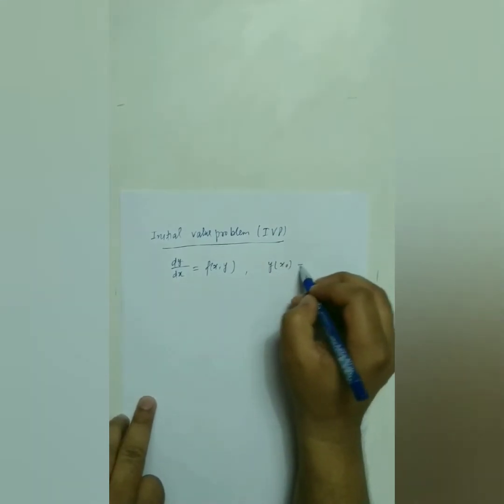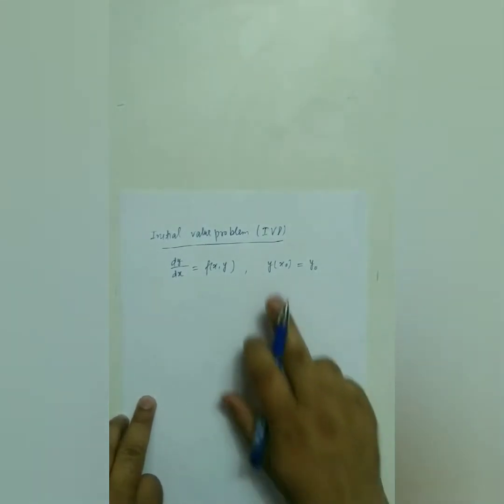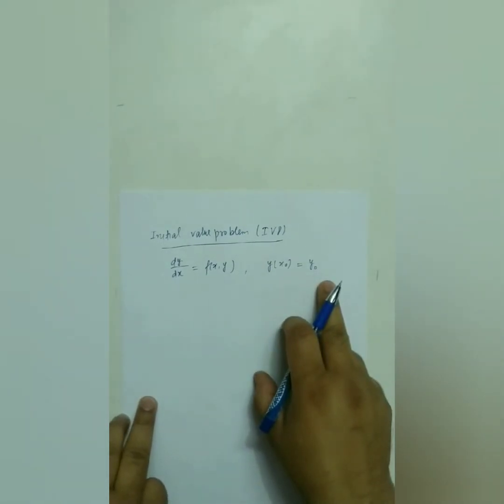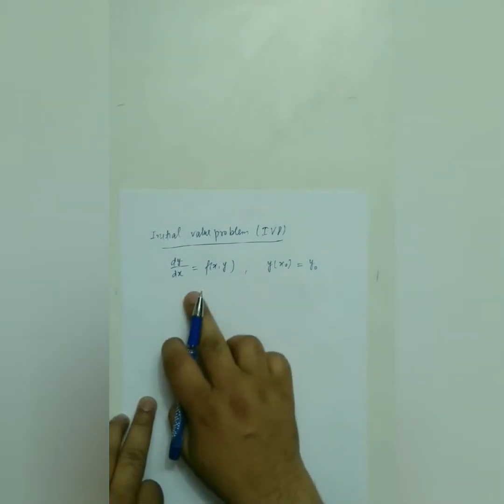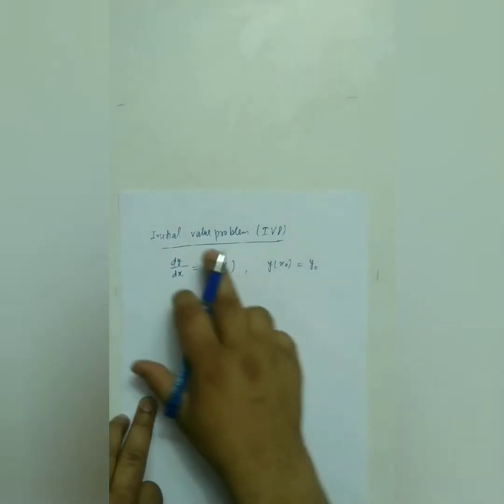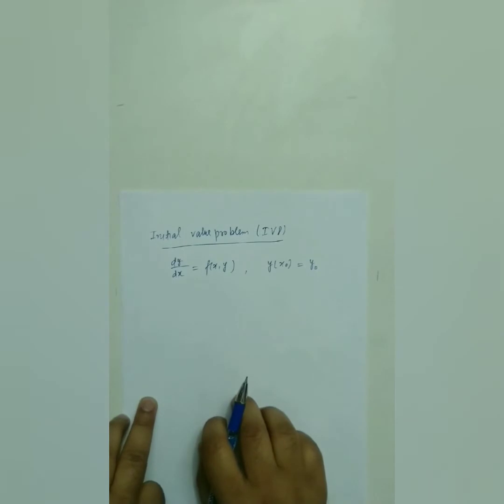So we are given this condition. Suppose we take y(x0) = y0, that is, at x = x0 the value of y is y0. If we have this differential equation with this initial condition, then it is called an initial value problem.